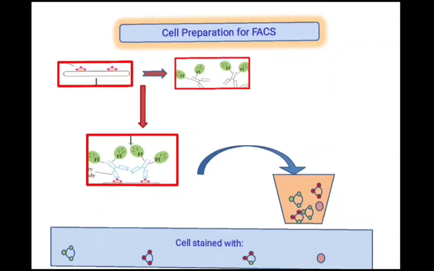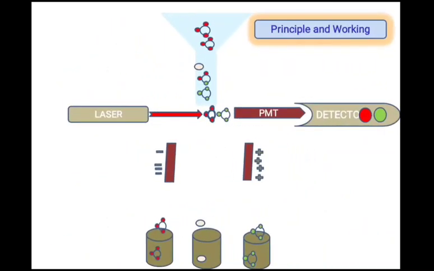So, we will go towards how exactly the instrument works. Now, this instrument has a cell reservoir, and at the lower end of the cell reservoir it has a nozzle. From the nozzle only one cell can come out at a time.